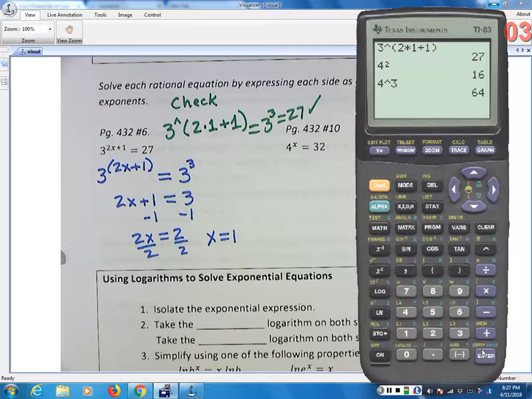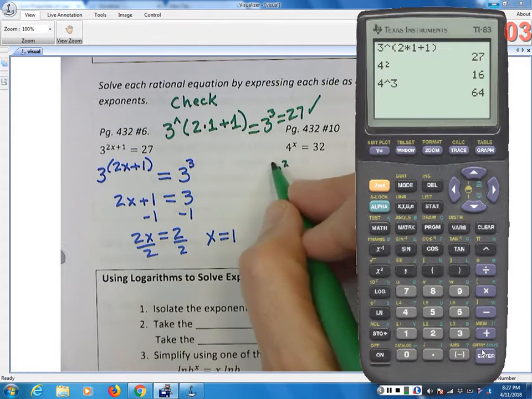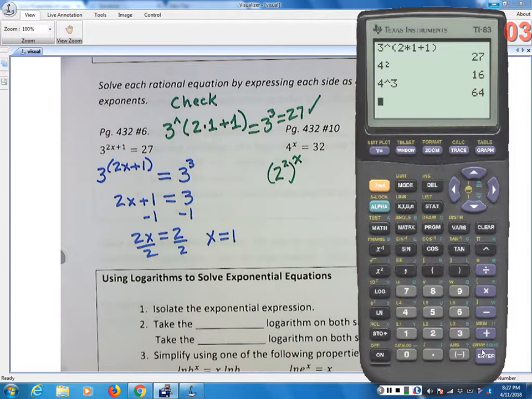Let's rewrite the 4 as 2 squared. And then can we rewrite the 32 as a base of 2? Yes, 2 to the 5th is 32.